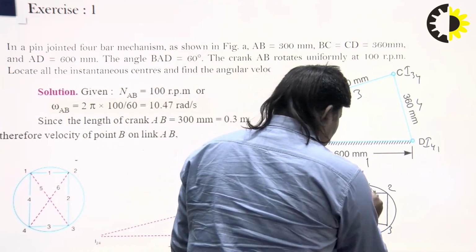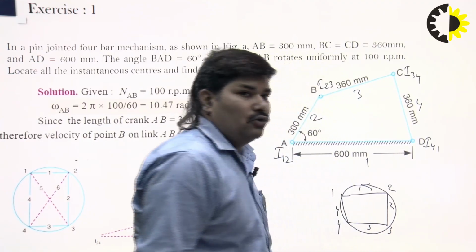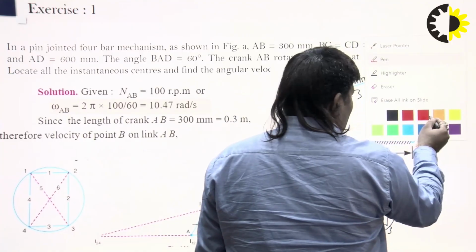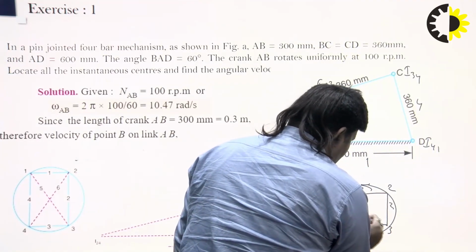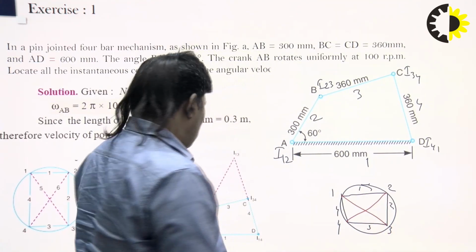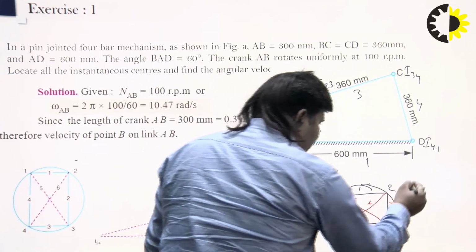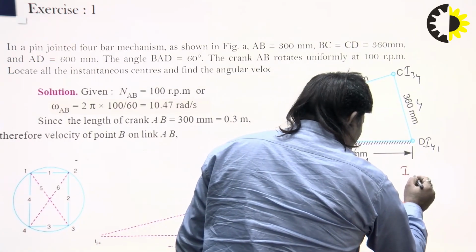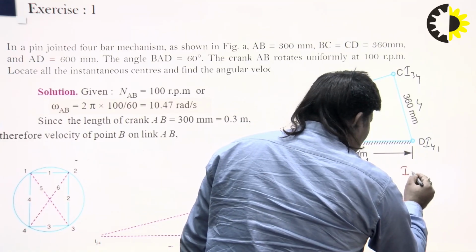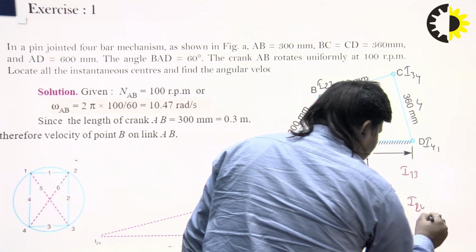Then you can cross these lines: 1 to 3 and 2 to 4. So this one is the 5th and this one is the 6th. So the instantaneous centers are I 1, 3 and the second is I 2, 4.